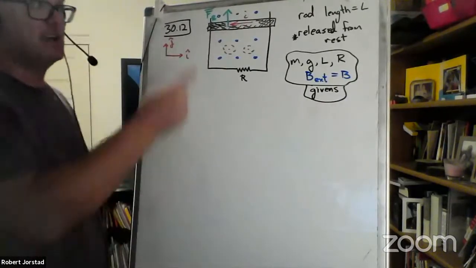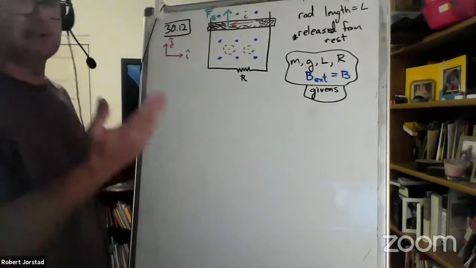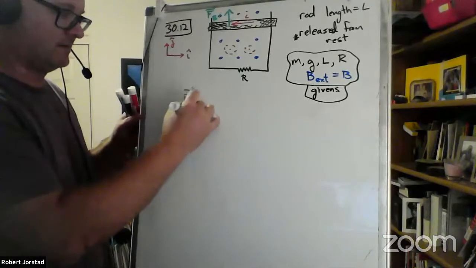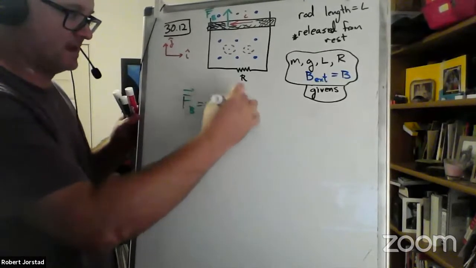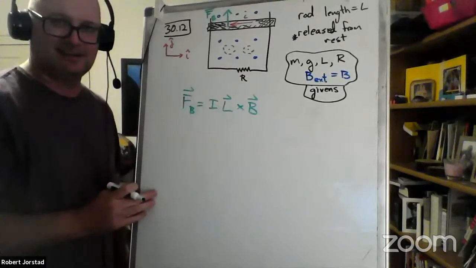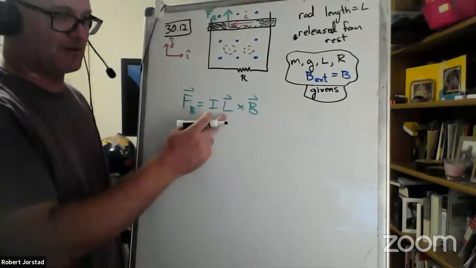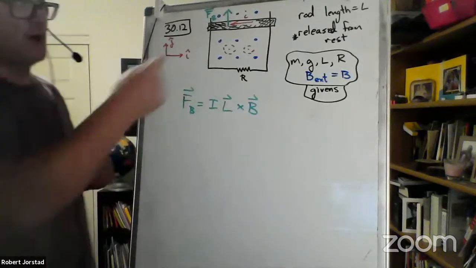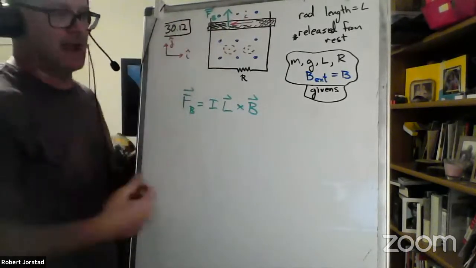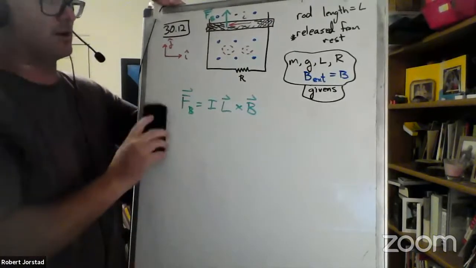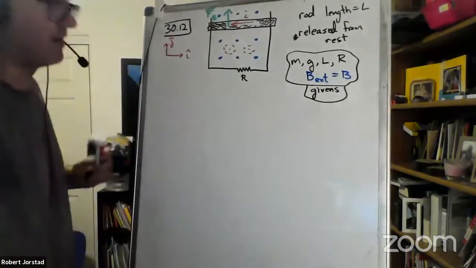That's what I was trying to say. This is a little bit different because it's L cross B. The rod is moving this way, the current's going that way, and so you could get a force that does work on a rod.